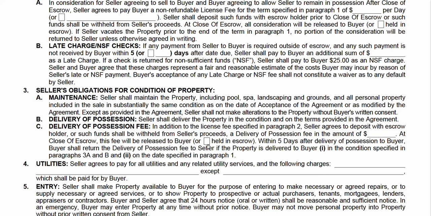Now, if someone checks this box, there should be instructions on what to do if the parties don't agree to the release of the deposit. Because what happens is that money gets stuck in escrow. Escrow needs both parties' signatures to release a deposit.